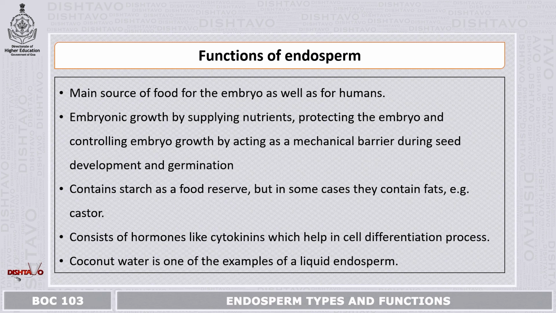It contains food reserves such as starch, but in some cases they may contain fats too, for example castor. It consists of hormones like cytokinin which help in differentiation processes. Coconut water is one of the examples of liquid endosperm which has very high importance in human life.